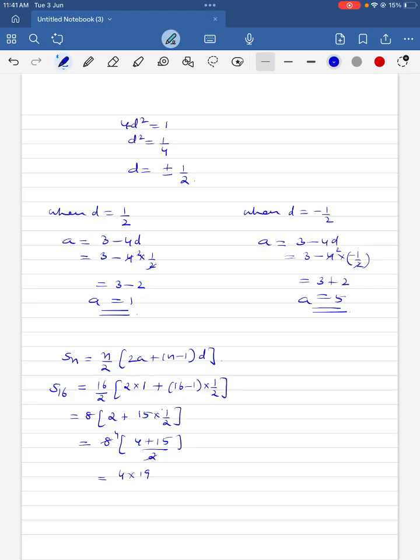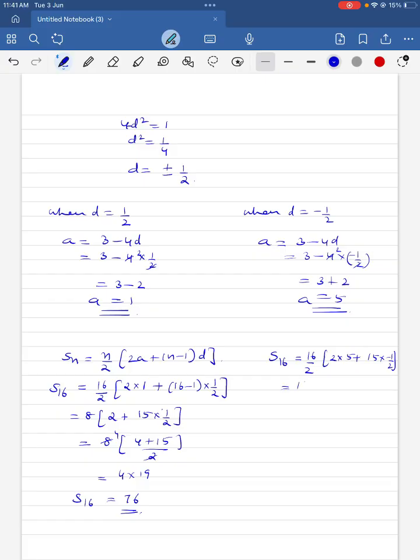And what's 4 times 19? That is 76. Now we also have to find the value of S16 when the value of d is minus half and the value of a is 5. So S16 will be equal to 16 by 2 into (2 times 5 plus 15 times minus 1 by 2).